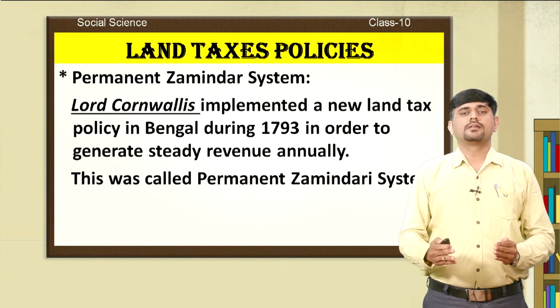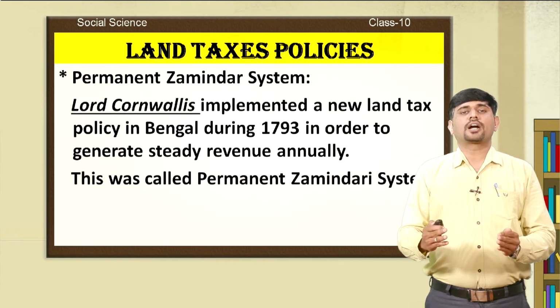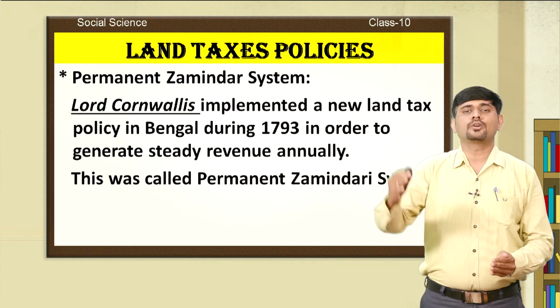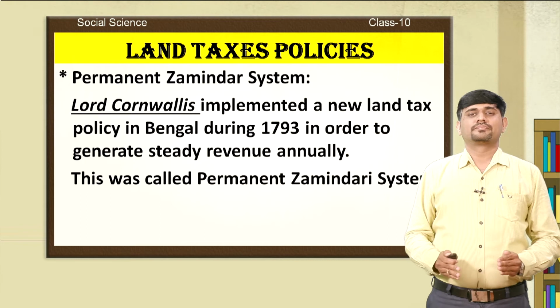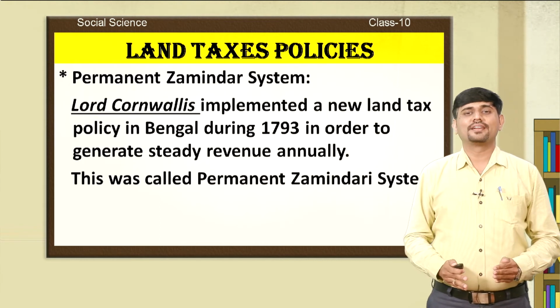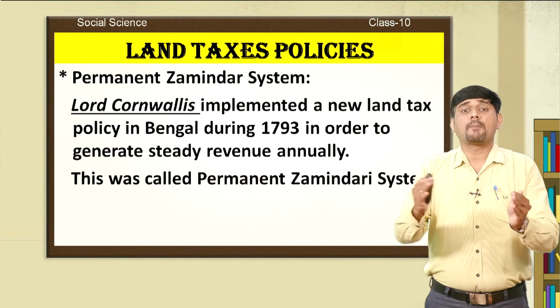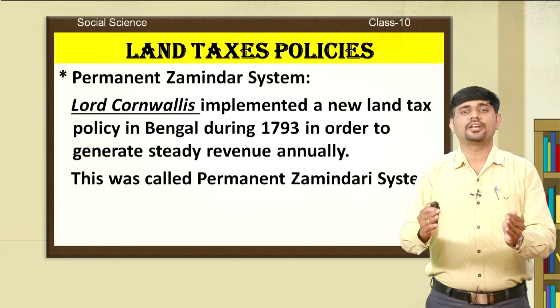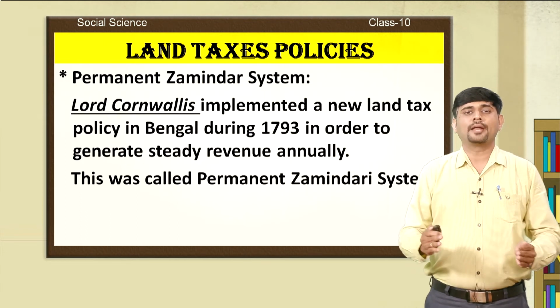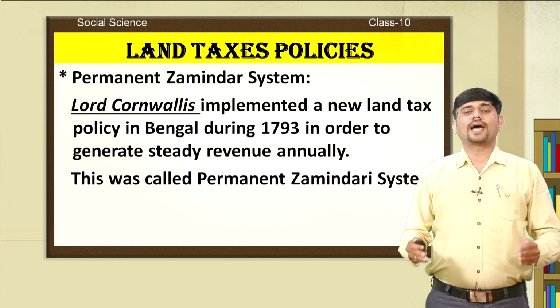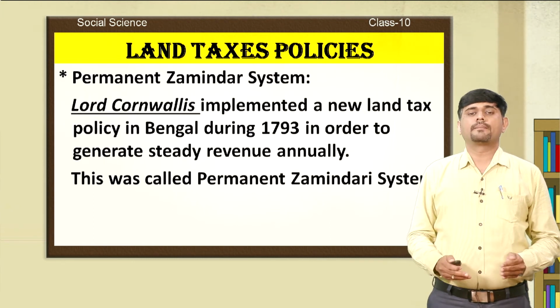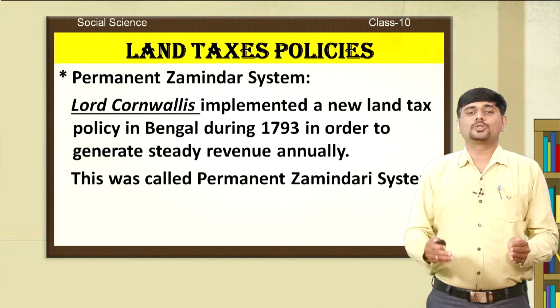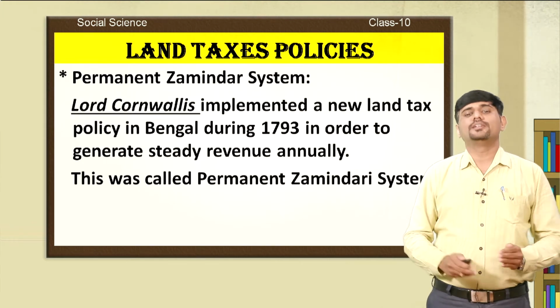By then, the British East India Company had established firm control over the Bengal province, and accordingly the Company had to pay 4 lakh pounds to the British government in England every year. With that, the Company in India tried to generate steady revenue annually.